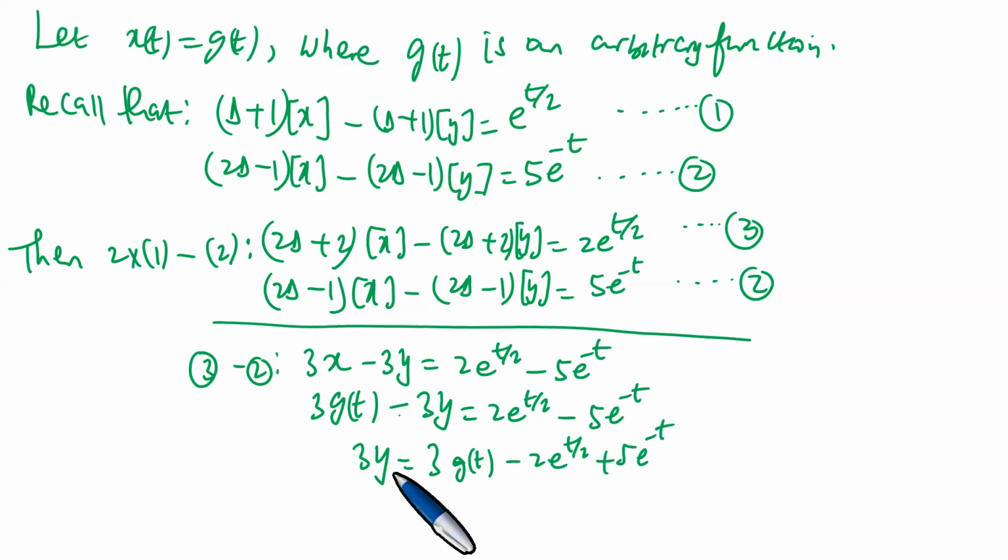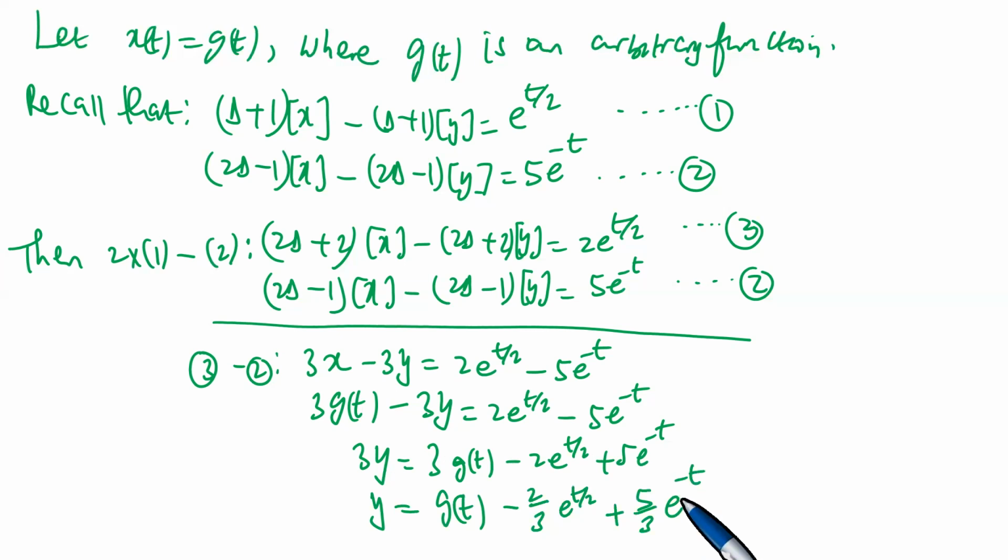The 3y has been moved to the right, and these ones have been moved to the left, so we have these signs. And then we can divide through by 3, or multiply both sides by 1/3, getting g of t minus 2/3 e to the t over 2 plus 5/3 e to the minus t.